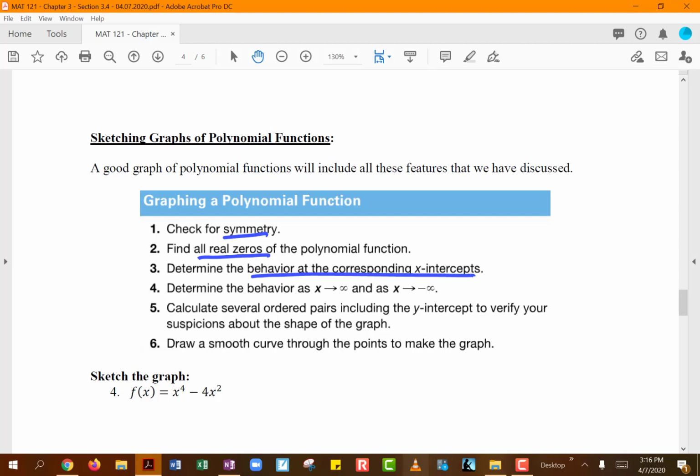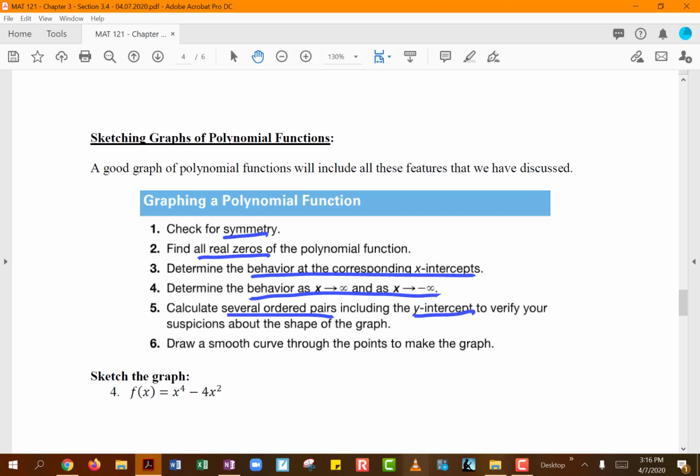And then of course we want to talk about the behavior of your leading coefficient. So as x goes to positive or negative infinity, where does your y value or your function value go? Now, sometimes all of this information may not be enough, so we may need to calculate several ordered pairs, and it's always a good idea to see if you can find where your y-intercept is. That will also help us get a pretty decent shape for the graph of our function.